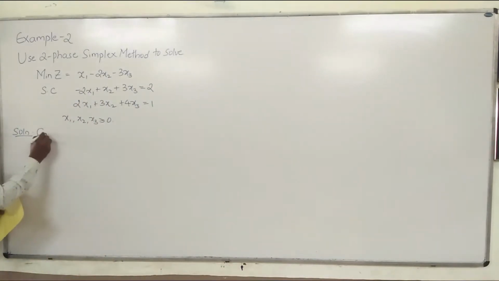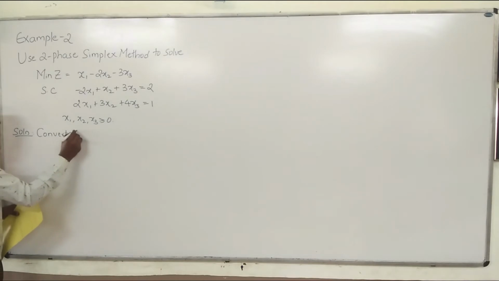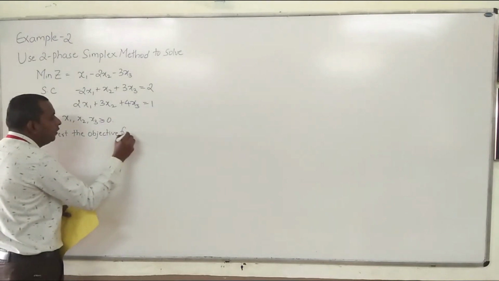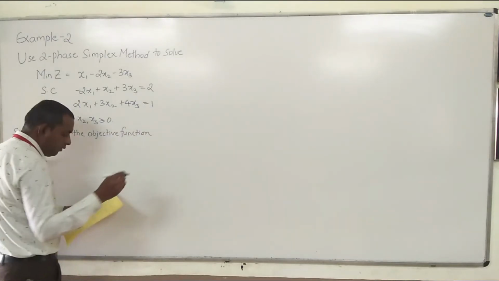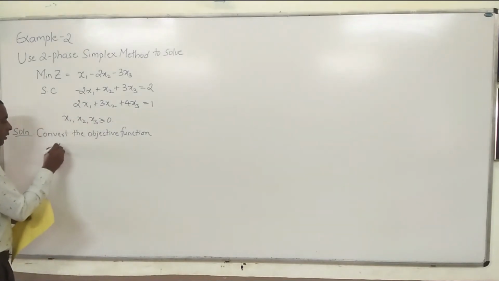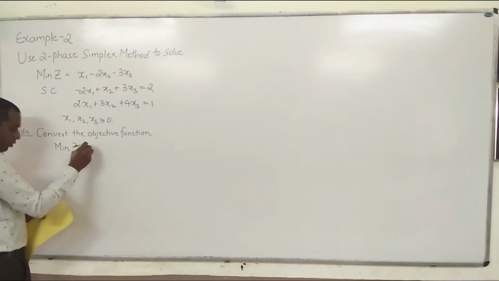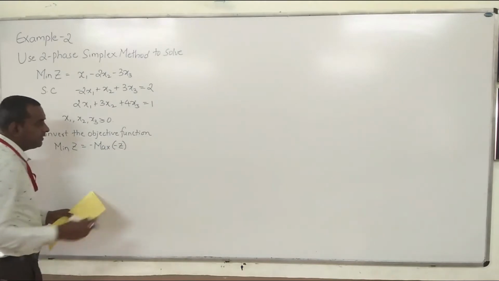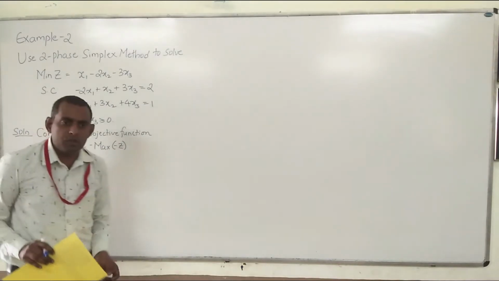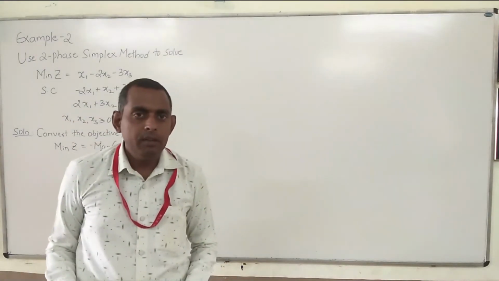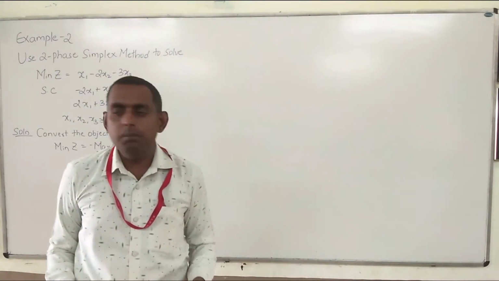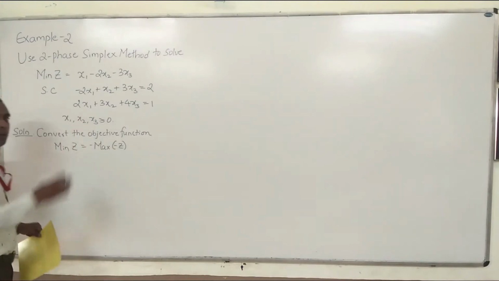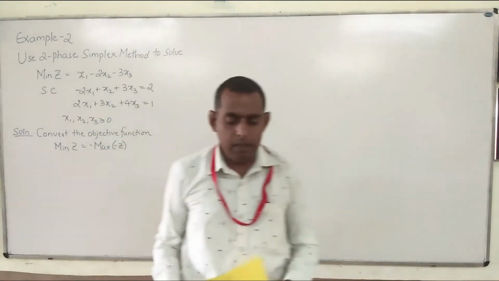Let me write: convert the objective function, min z equals minus of max z. That is one of the first rules in the simplex method: if the problem is a minimization problem, then convert it into maximization.